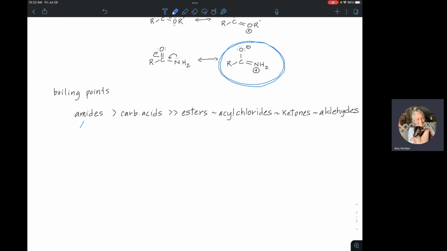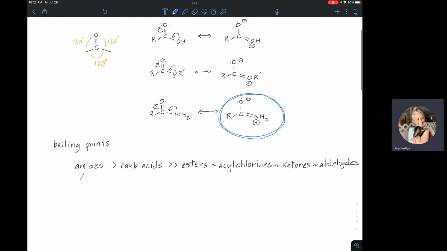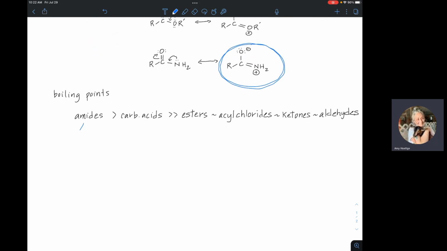And so the dipole-dipole interactions that you have in all of these molecules are going to be a little bit more significant in the amide, because that resonance structure is just a little bit more contributing. So, in other words, we have stronger dipole-dipole interactions than in a carboxylic acid or an ester.